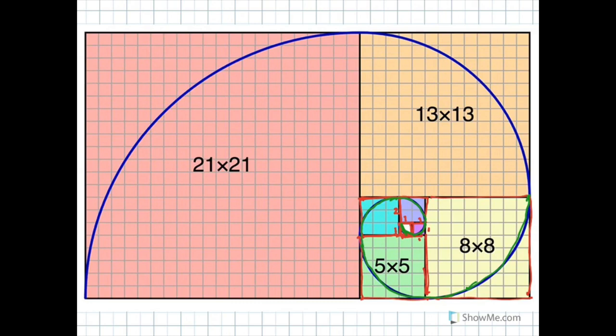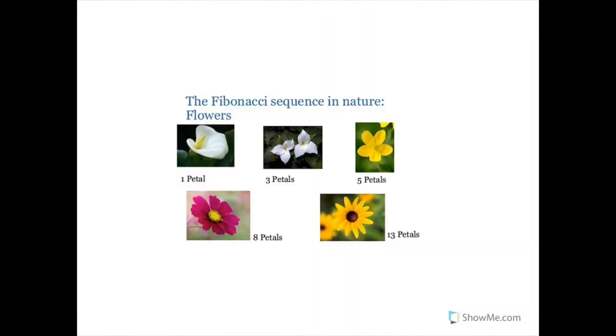Also the petal formation. You check all the plants or all the flowers. The number of petals they have also follows the Fibonacci series. Observe that you can either have one petal, or 3 petals, or 5 petals, 8 petals, 13 petals. All these are actually the Fibonacci sequence occurring in nature.